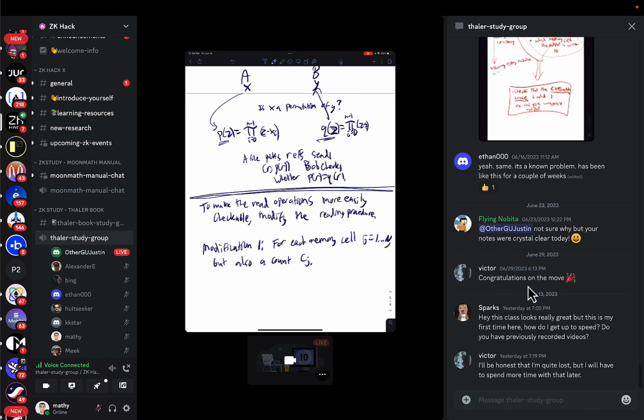If the prover's honest, CJ is purported to be at all times the number of times that cell J has been read up to this point. Initially all the CJs are 0, but when a cell is read, that cell's count gets incremented, if the prover's honest anyway.